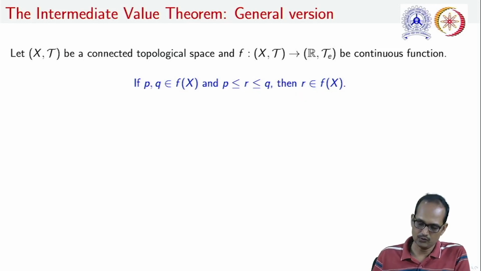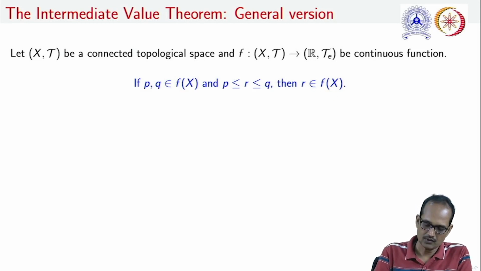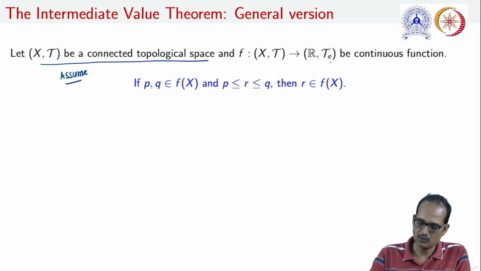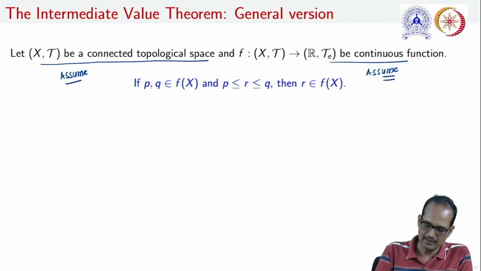In order to prove this theorem, let us assume that this space is connected. Also, it is given that this function is continuous, so we are also assuming it. Now, take any r lying between p and q.